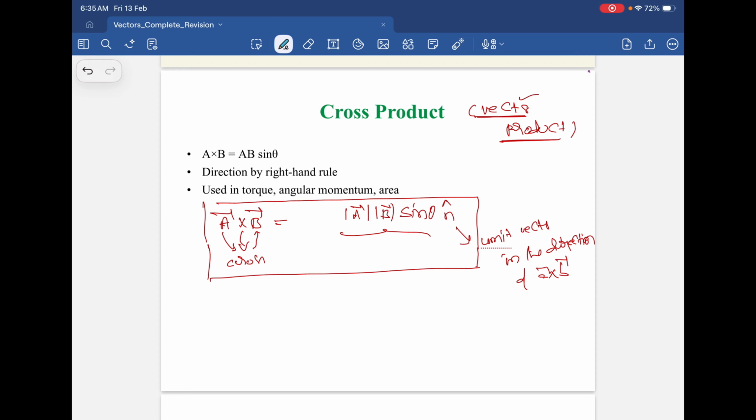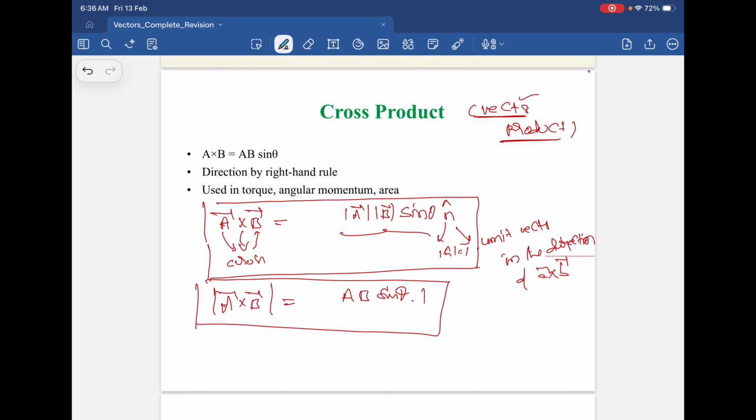If I take the magnitude of this, mod of A bar cross B bar, you know, the scalar magnitude only. Mod of A is A, mod of B is B, sine theta is sine theta, mod of n cap is 1. So the magnitude of A cross B is simply AB sine theta. How much, students? AB sine theta.